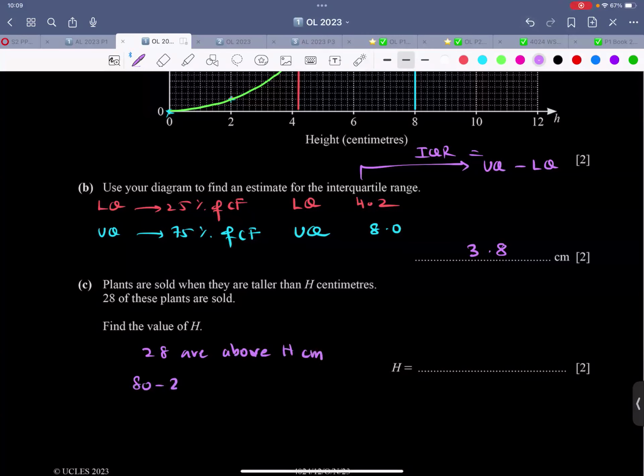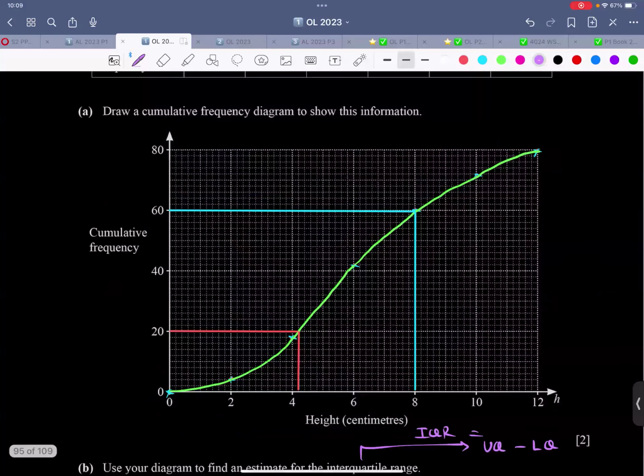So 80 minus 28 are less than or equal to h centimeters. So 80 minus 20 is 60, 60 minus 8 is 52. So 52 plants. Now read the corresponding value.